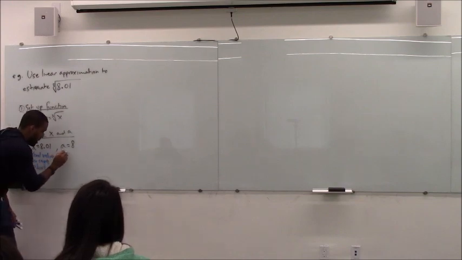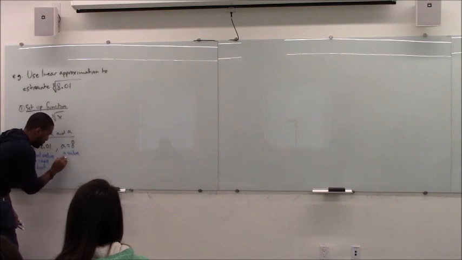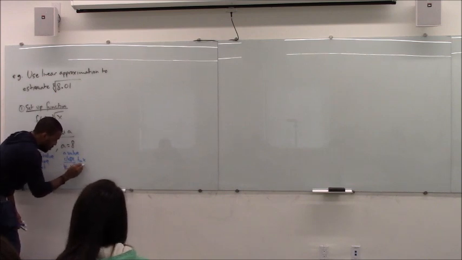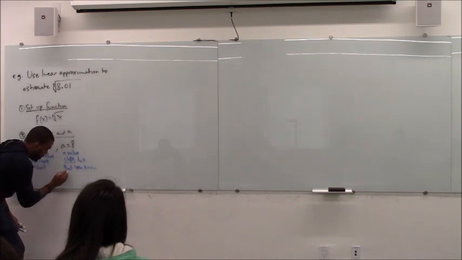A is a value close to x that you know, or at least you can find easily, all the info for.